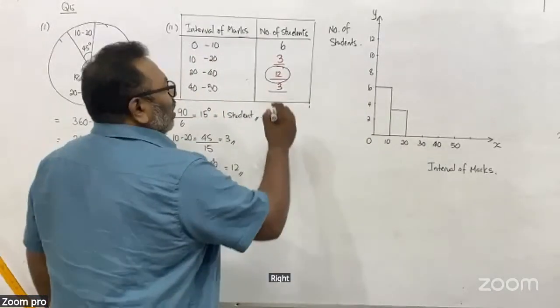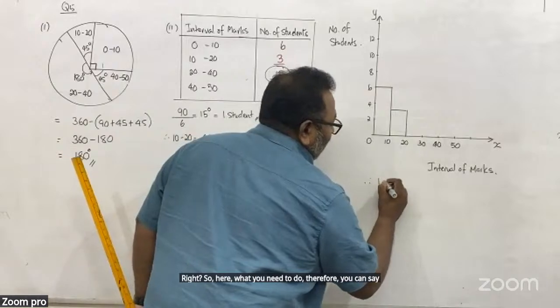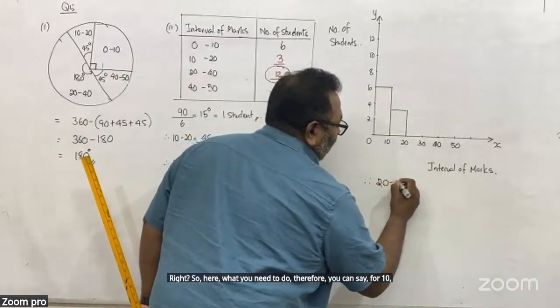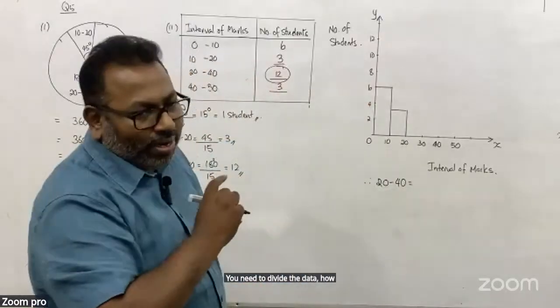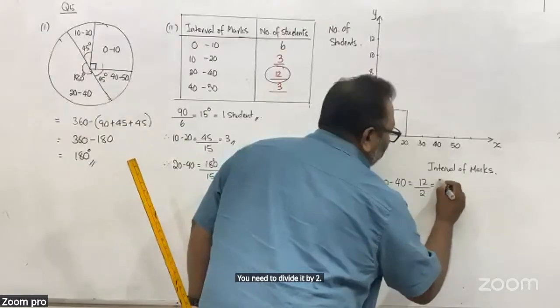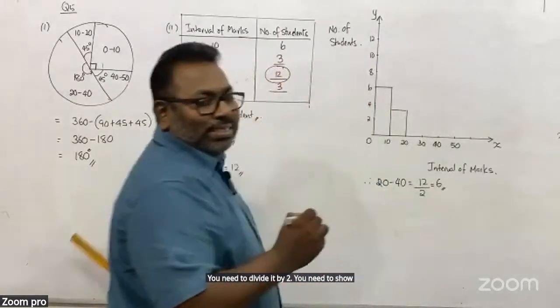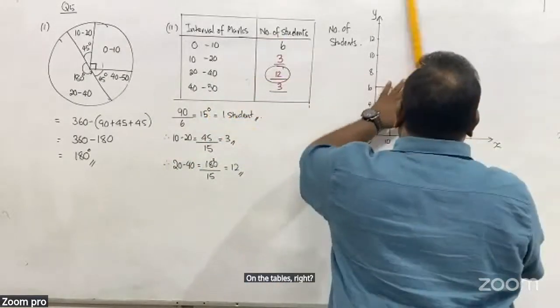For 20 to 40, you need to divide the 12 by 2 and show it as 6 on the table. So, histogram.